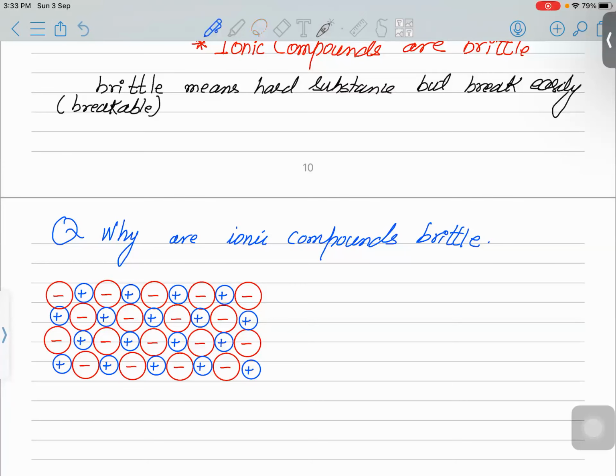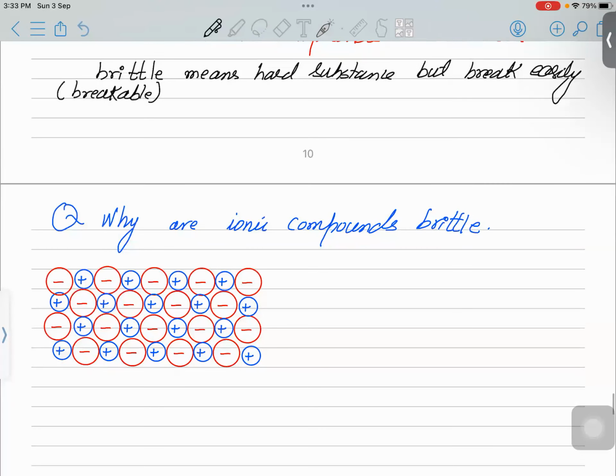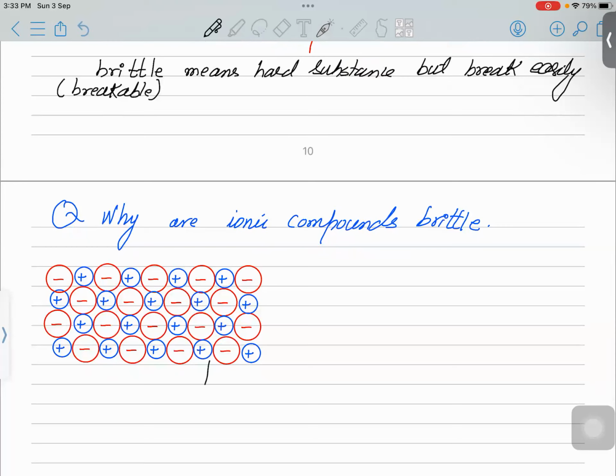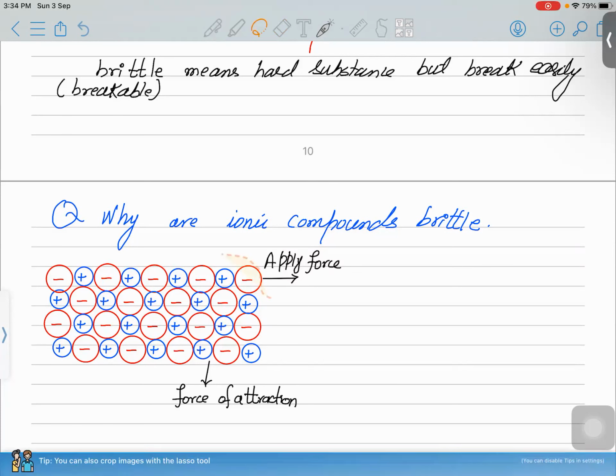So here we observe force of attraction. When you drag or apply force on it, you can observe the change.